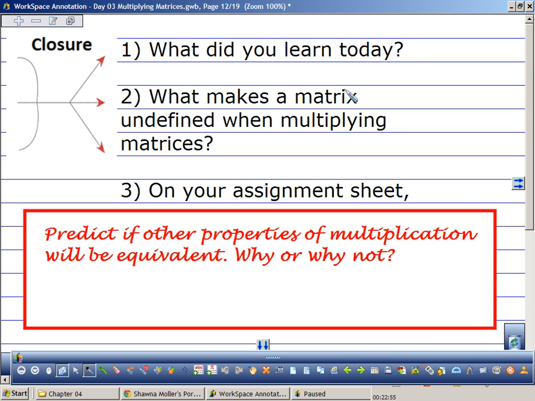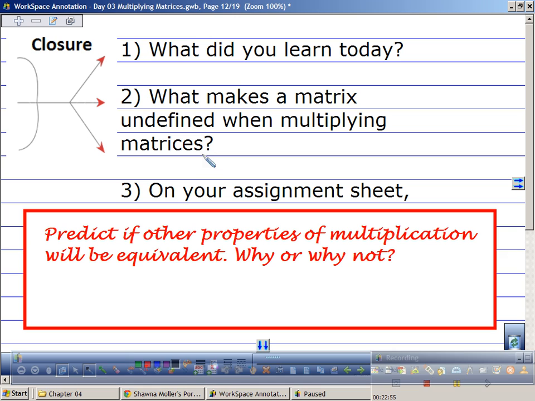All right, so what makes a matrix undefined when multiplying matrices? When the inner dimensions don't match. Good. Predict if other properties of multiplication will be equivalent, why or why not. Predict. That's what I want you to write down.